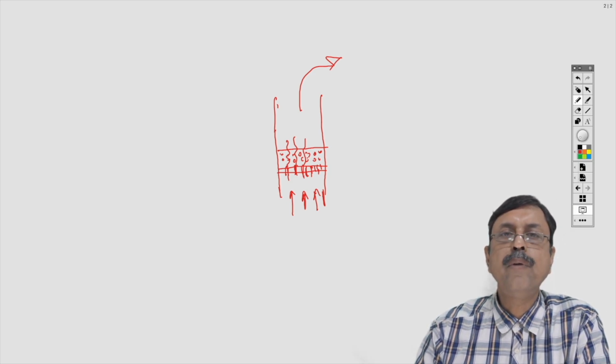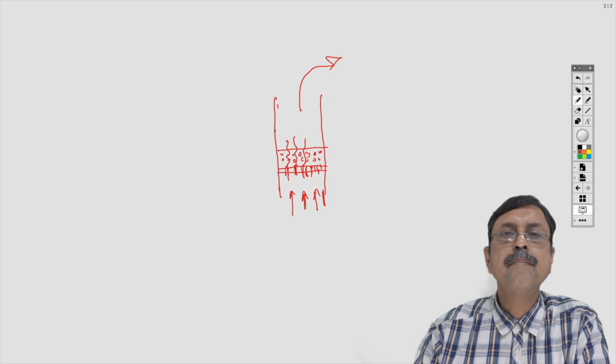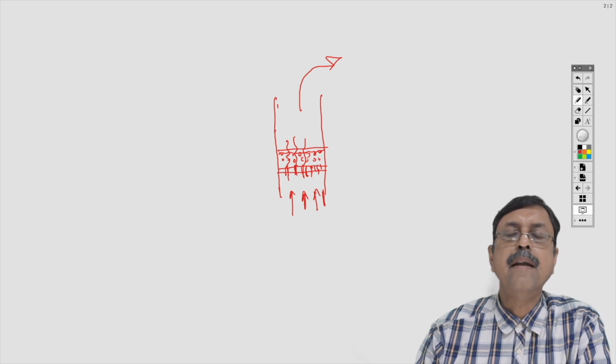Initially, the bed will be dense. That means the gas will just flow through the void space and the solid particles will be static in the bed. But as you increase the velocity or the flow rate of the gas, the upper portion of the bed will start expanding.